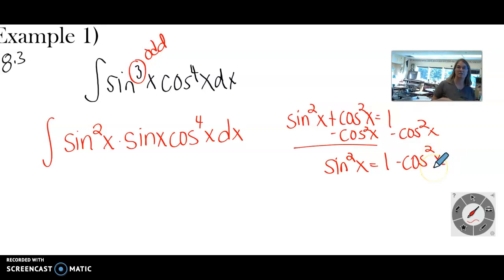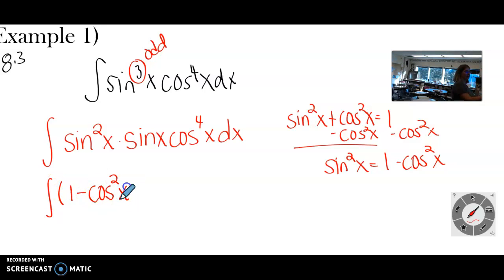An identity can be rearranged like this all day long, it's still an identity. And so now I can replace sine squared x with 1 minus cosine squared x. And then I'm going to switch the place of those two factors, so I have cosine to the fourth x and then sine of x dx.